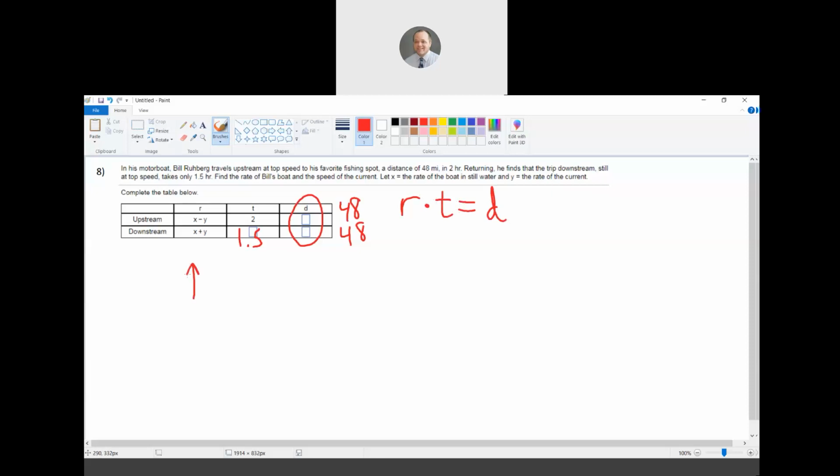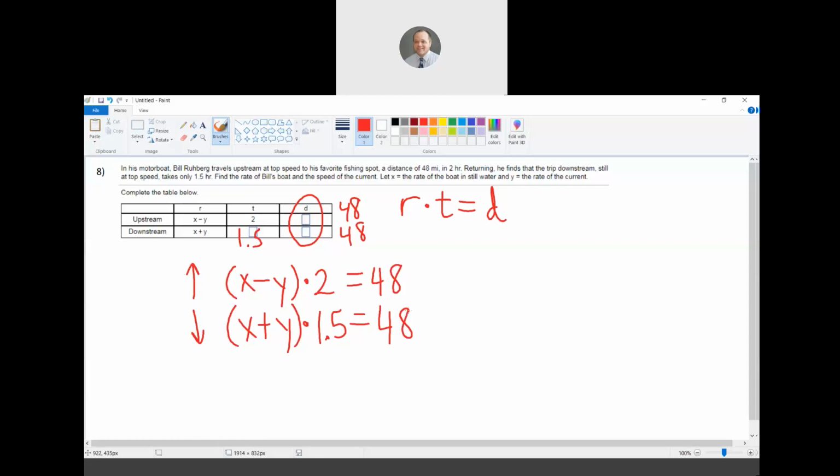Okay, so upstream, the rate times the time, or x minus y times 2, is equal to the distance 48. And downstream, the rate is x plus y times the time, 1.5 hours, also equal to the same distance, 48.